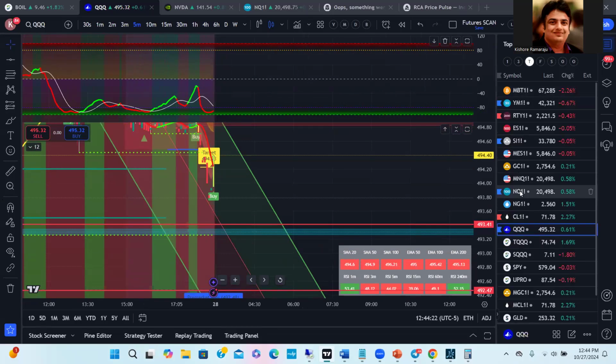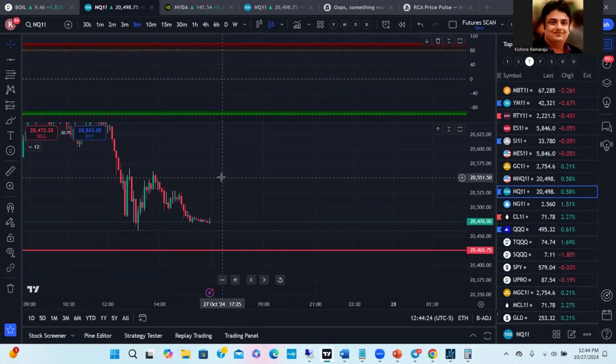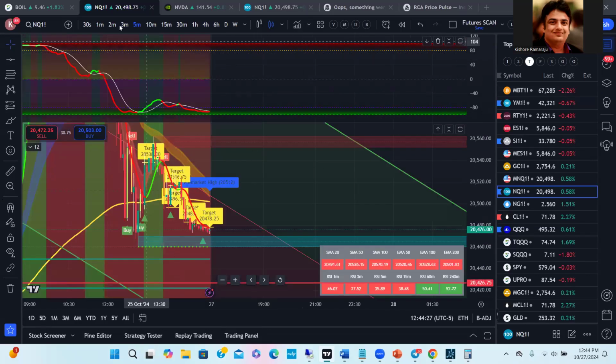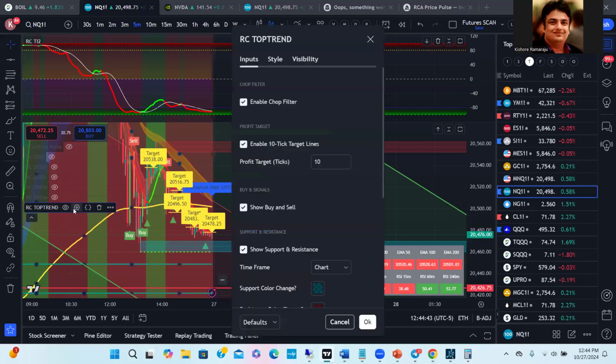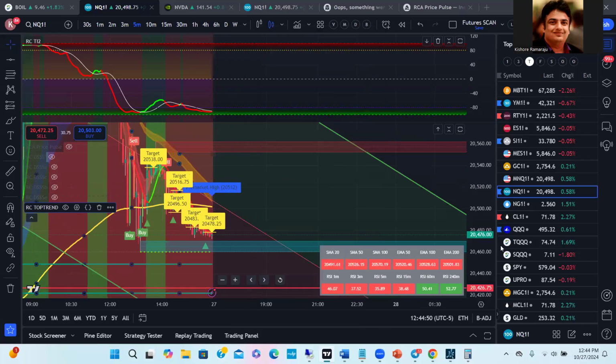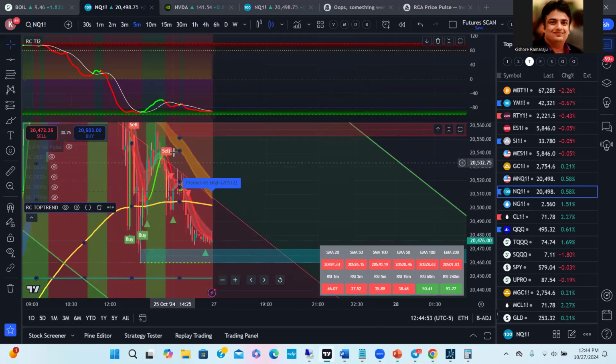Or you go to NQ, you know that you are in a bearish trend in the 1 hour time frame. Now, if you want to go to 1 minute or 3 minutes or 5 minutes, only whenever you see a sell signal, you see a sell signal, take it.